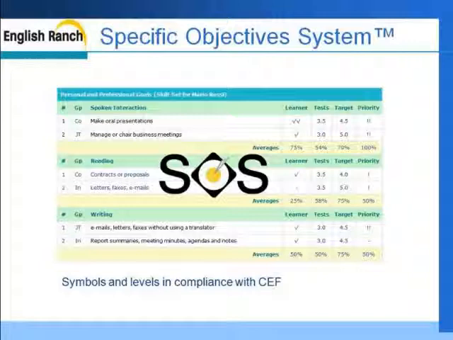Each skill area has different focal points. Learners can express their opinion about their own level, and the trainer can provide input for the level evaluation in each area. Please note that the information on this screen is displayed in compliance with the Common European Framework defined by the European Union.